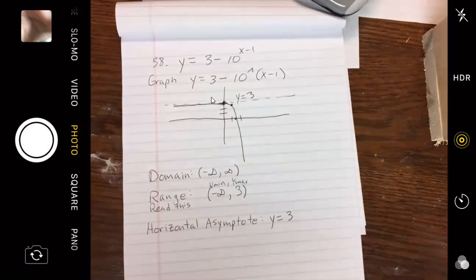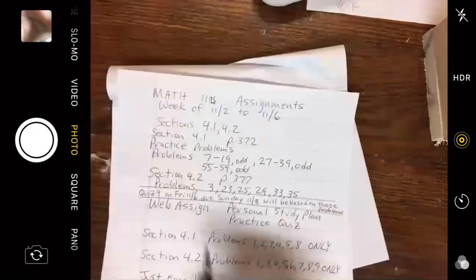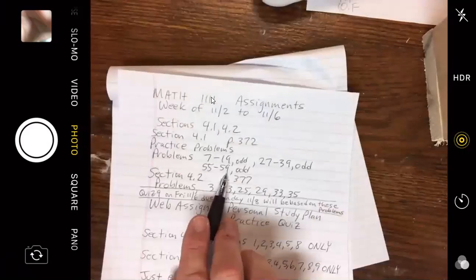You want to see problems from the next section? Sure. Let's go with that. In the next section, started it at 55. We're basically going to jump 55 to 59.